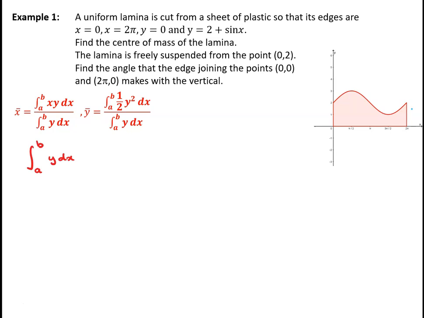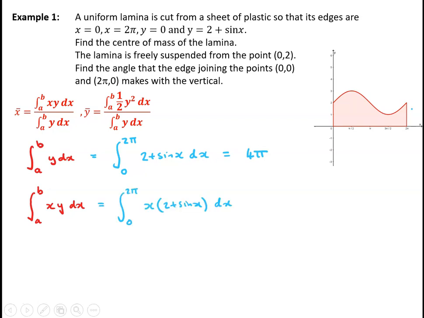So we've got three integrals we've got to work out. The integral of y, which is the integral between 0 and 2 pi of 2 plus sine x, can be evaluated to give 4 pi. We've also got to work out the integral of xy, which is the integral between 0 and 2 pi of x times 2 plus sine x, which gives 4 pi squared minus 2 pi.